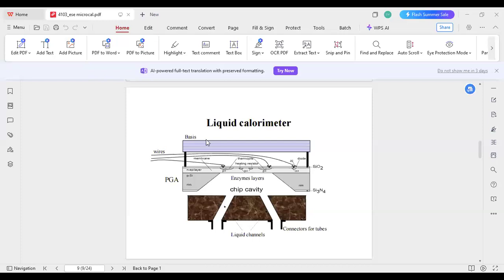This is like a liquid calorimeter. Okay, basically this liquid calorimeter is measuring the heat produced, for example, in a flow, and also some other chemical properties, creating a microcavity in the sensor. This is at nanometer scale, okay?